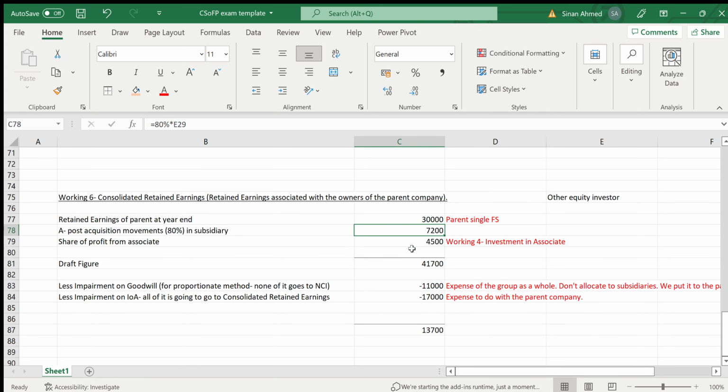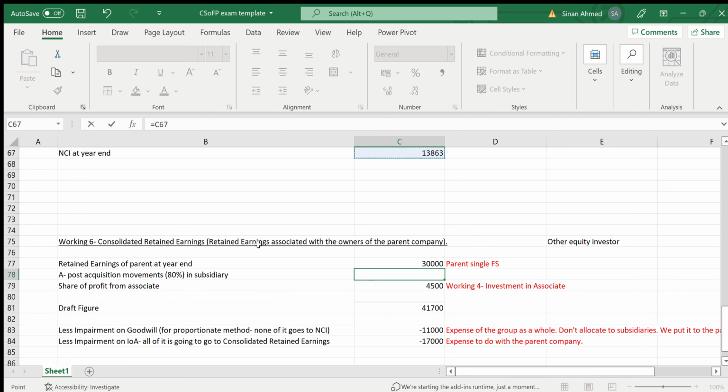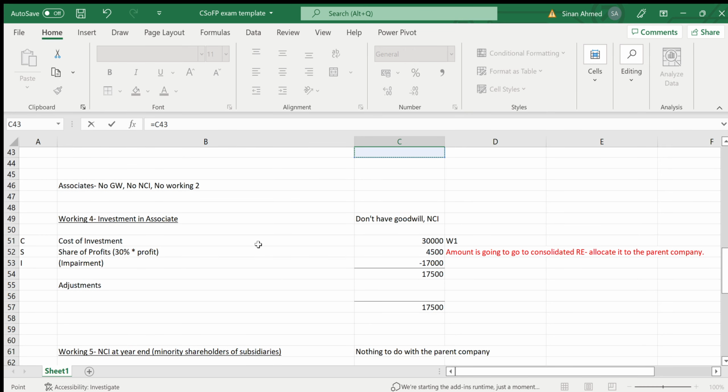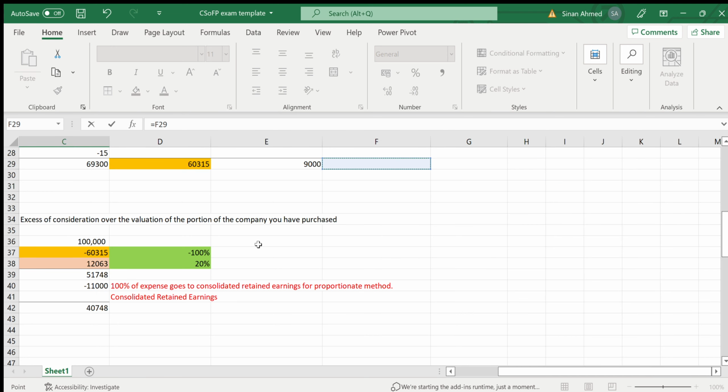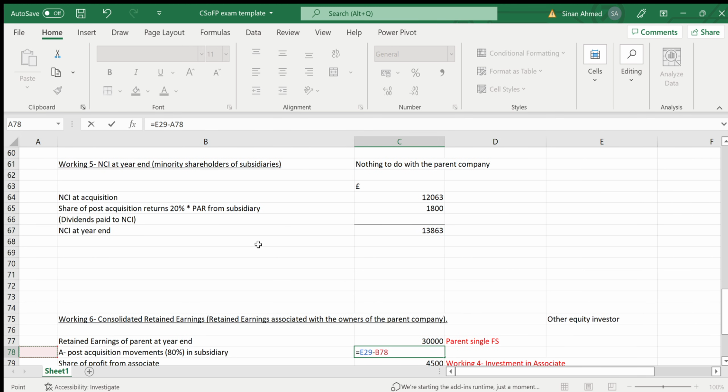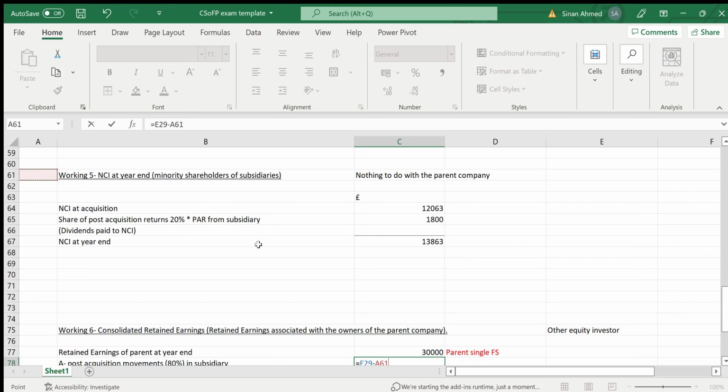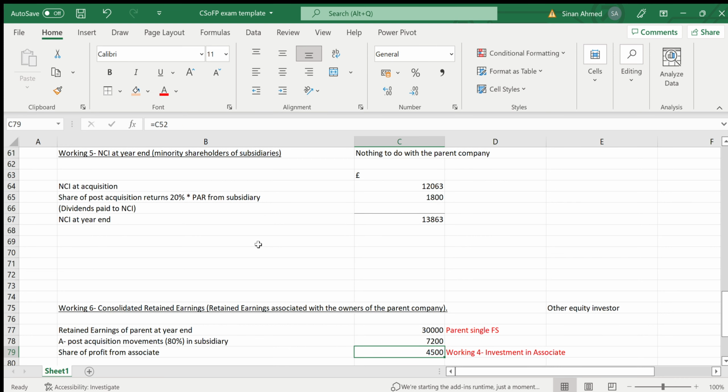So we can do 80% times by the total post-acquisition, or we've done the hard work in NCI, so all we can just do the 9,000 take away the 7,200.